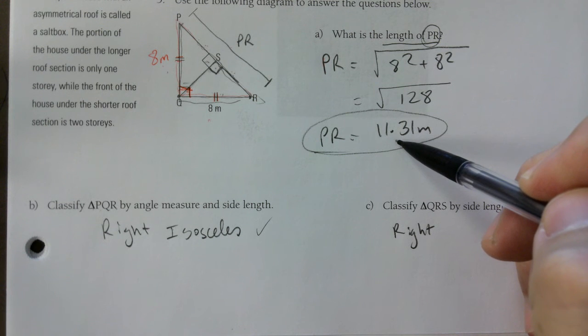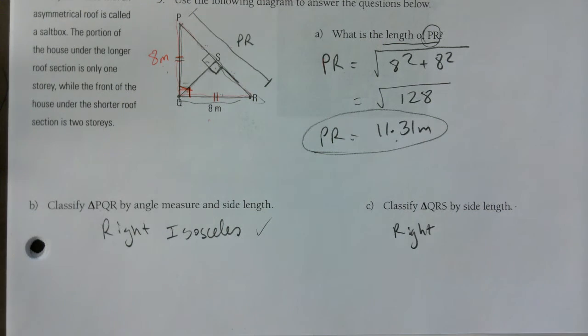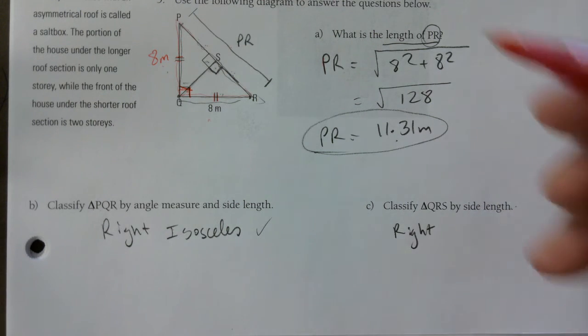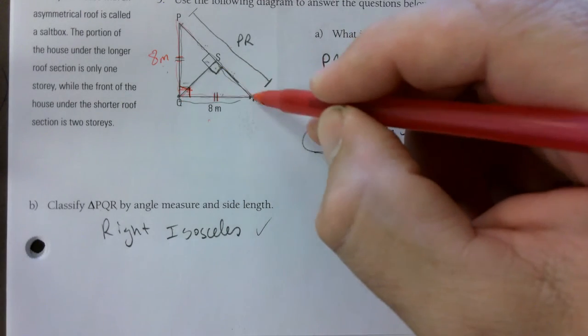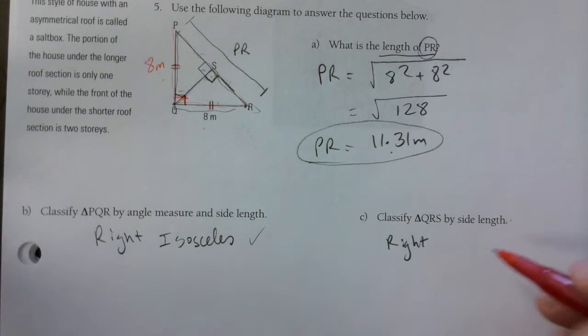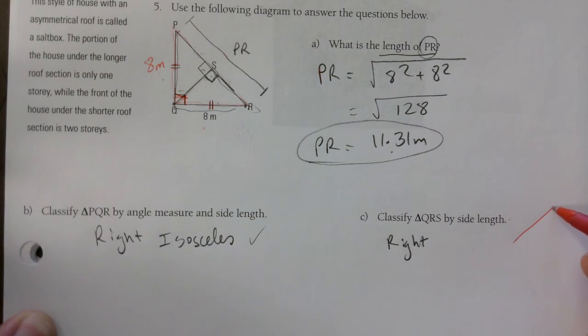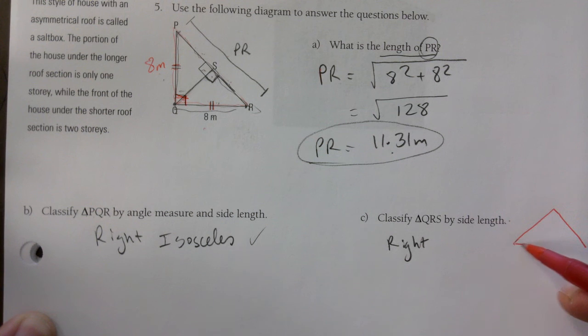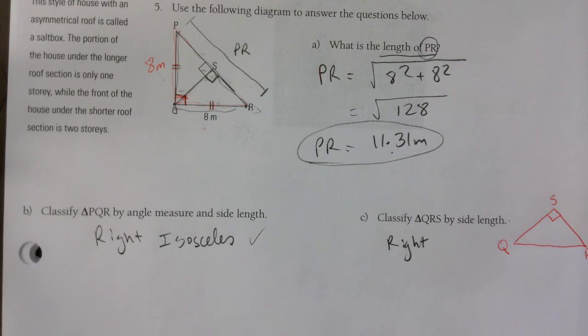You know what else I'm going to do? Watch. If you take this triangle out, just take it out here for a bit, like that. And you have the 90 there. And this is S, Q, R, right? So this is 8 here, 8 meters.